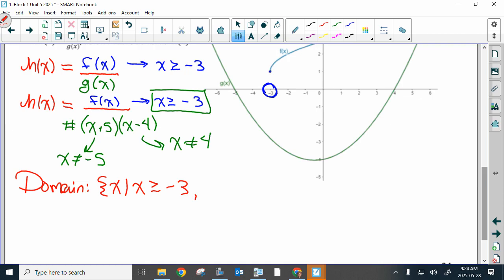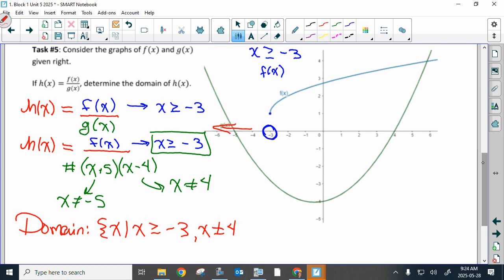And then you would ditch this, because if we're greater than or equal to -3, we're clearly not going to be -5. But we have to state x cannot equal 4. We can't divide by 0. So whatever your f of x is, whatever number it is, we can't divide by the 0 that's established here.